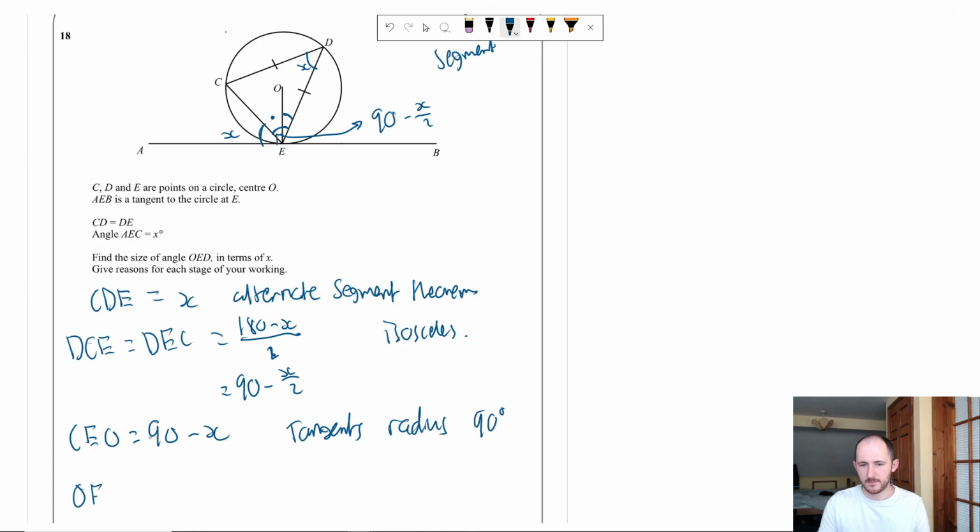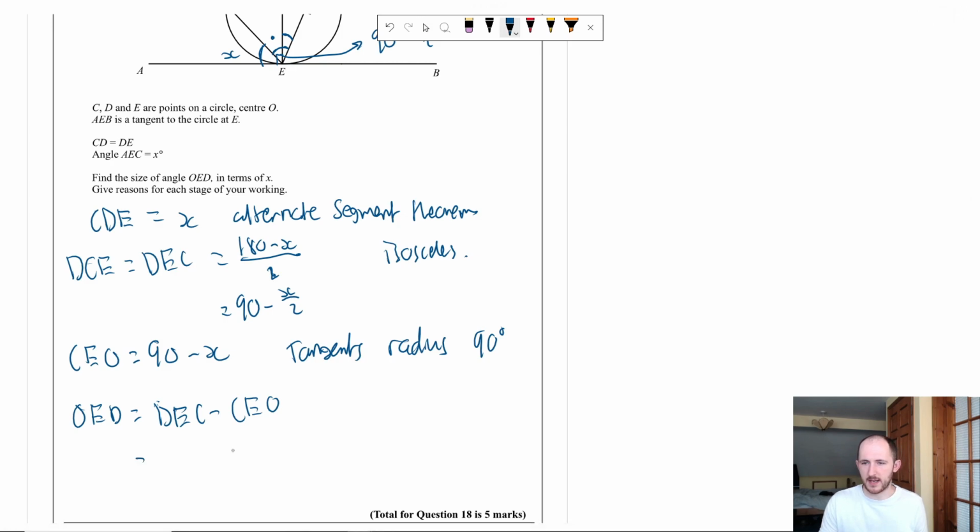OED is just equal to, what angle should we call that? CEO, that's what I called it. We're going to do 90 minus x over 2, which was DCE, minus CEO. Right, so the total angle here is 90 minus x over 2. This tiny angle here is equal to 90 minus x.